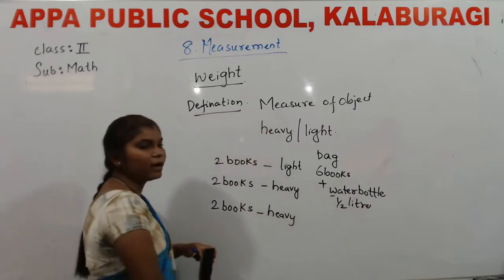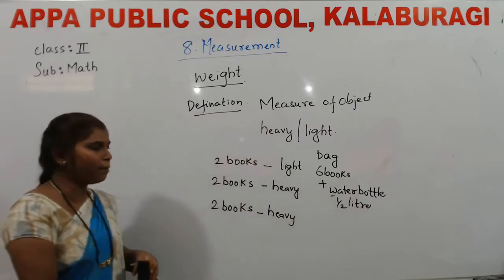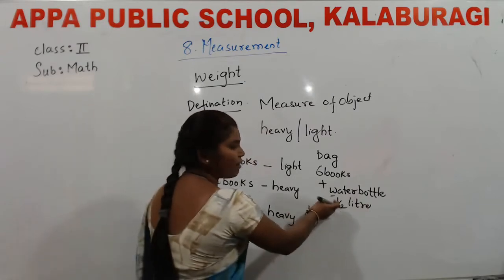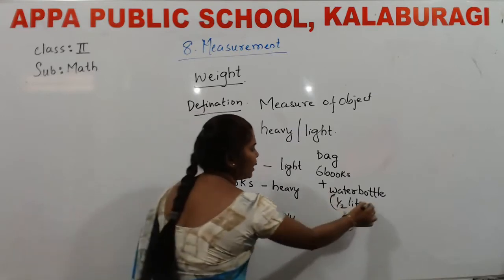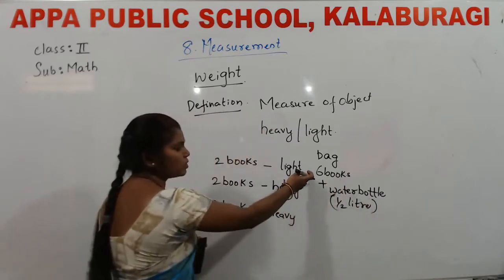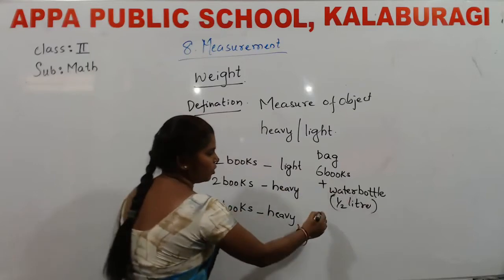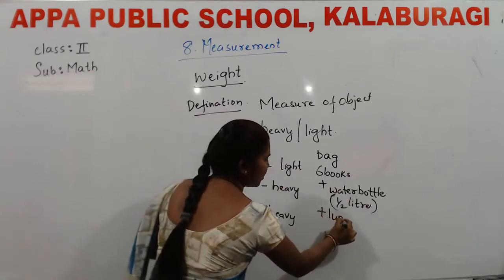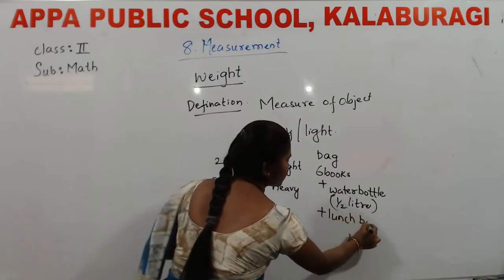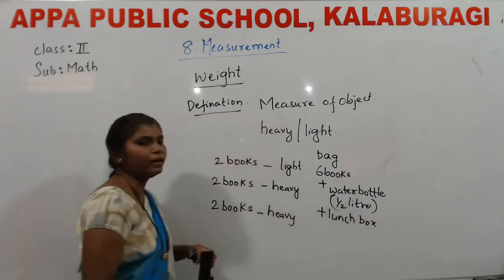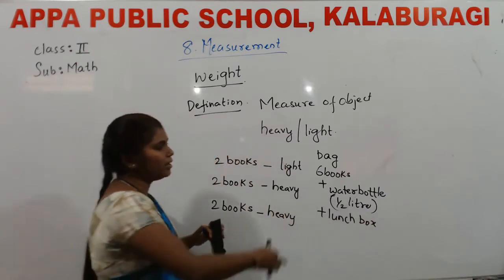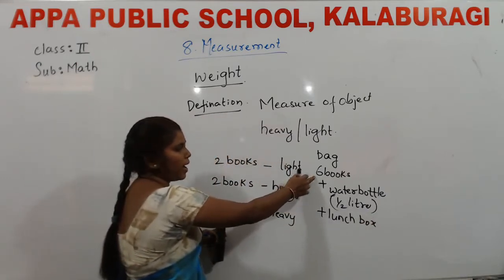Half a liter is nothing but 500 ml. So I am putting a half liter bottle into my bag: 6 books plus a water bottle, plus your lunch box. I am putting 6 books into my bag.